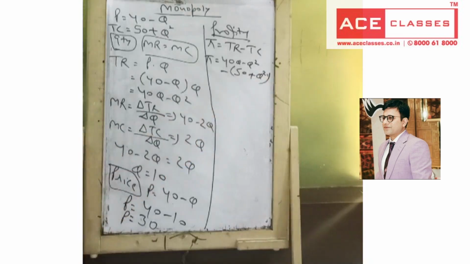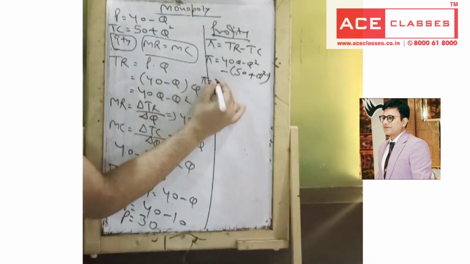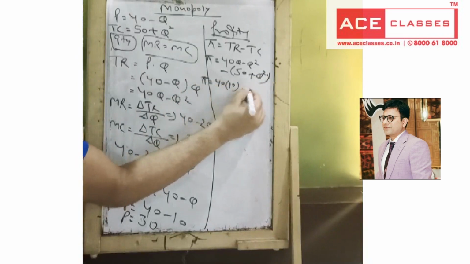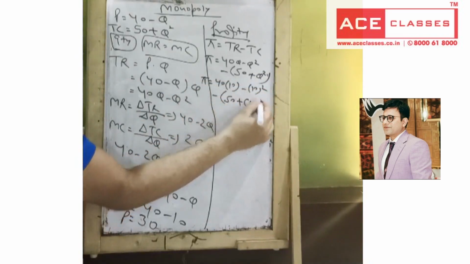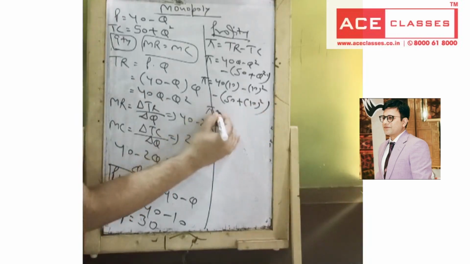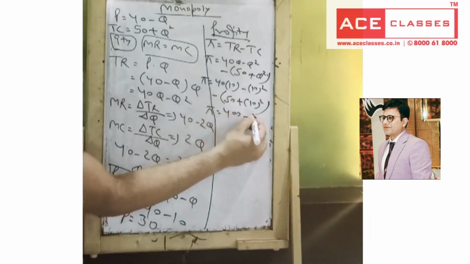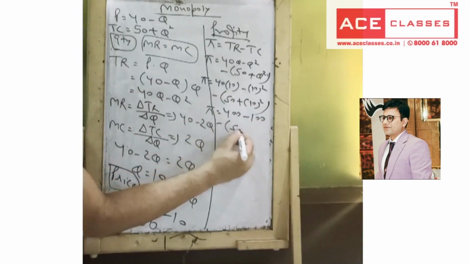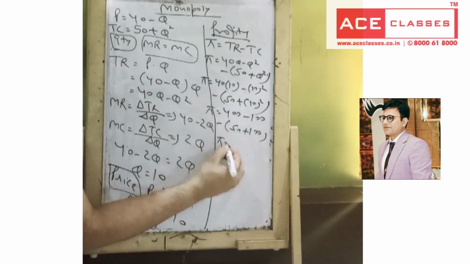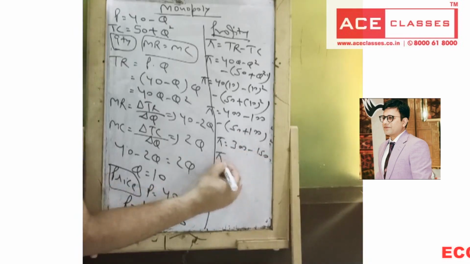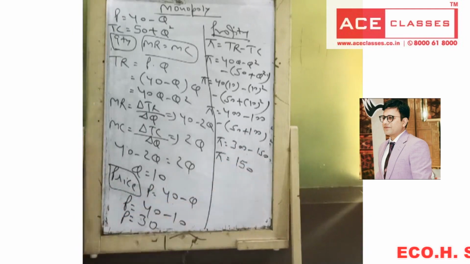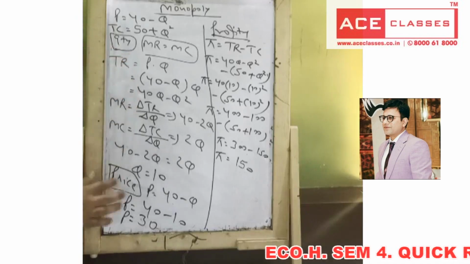Now using the values here, 40 into 10 minus 10 square minus 50 plus 10 square, I should be able to get 400 minus 100 minus 50 plus 100. So my profit is going to be 300 minus 150 and my profit shall be 150. So you can solve this numerical in this particular manner. This is quantity, this is price, and this is profits.